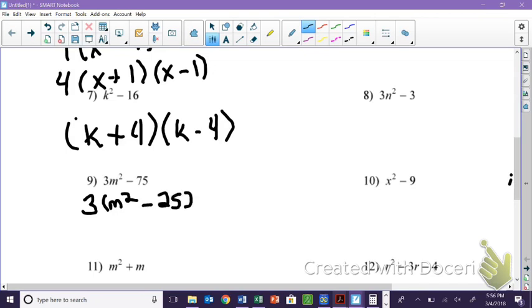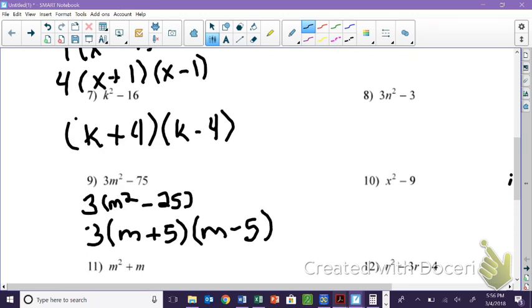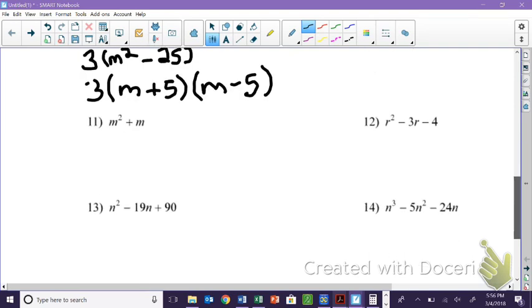Okay. And then we'll do the difference of squares for 25. And that is our solution for number 9: 3 times m plus 5 times m minus 5.